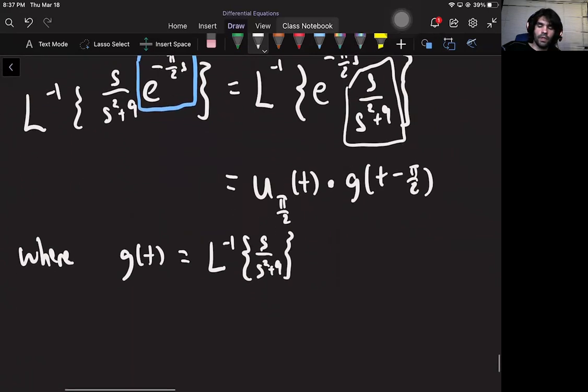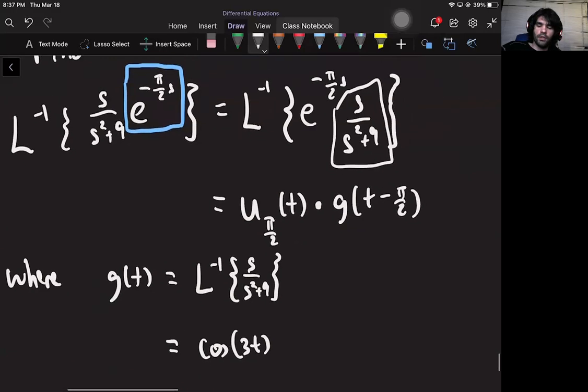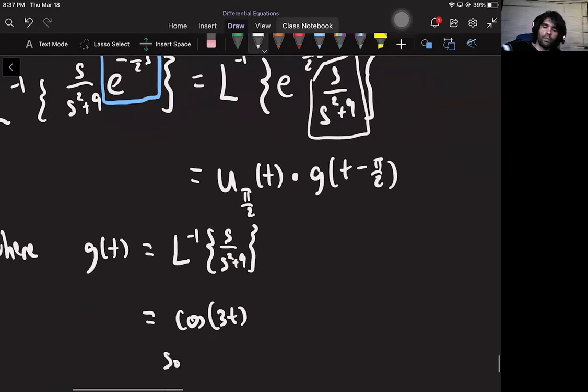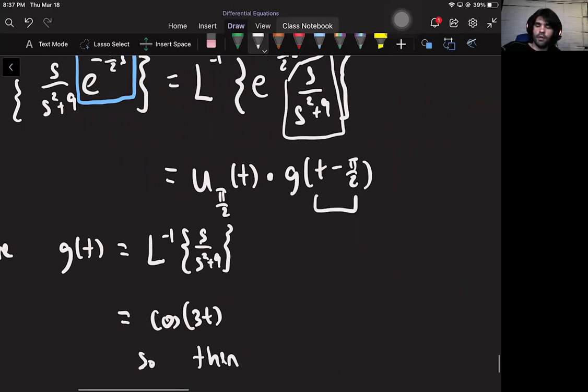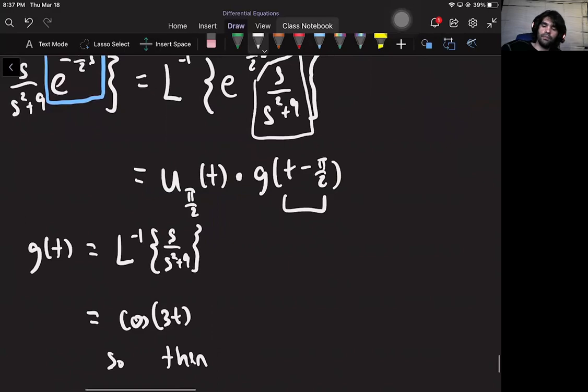This is another one that's in our table. This is cosine of 3t. It's already in the nice form. So I figured out my g of t. Now I just plug in t minus pi over 2 instead of just t. And that's the end.